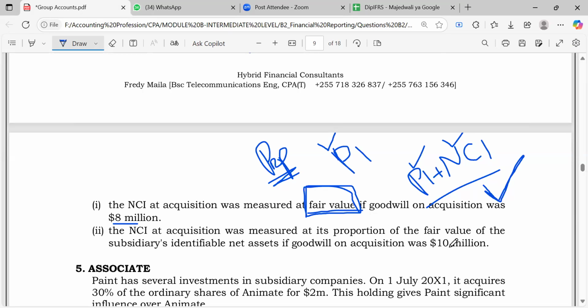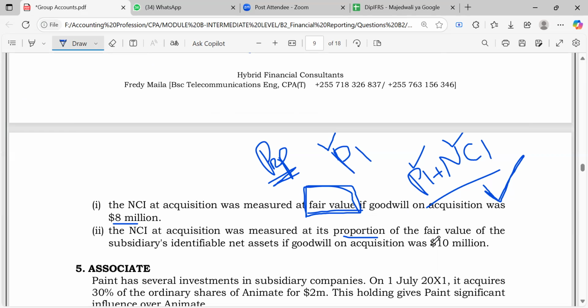This is what we shouldn't expect. If NCI was at proportion, we expect the goodwill to be less, because at fair value, the goodwill is related to both parent interest and non-controlling interest. So we expect it to be more, while for proportion we expect it to be less. But this was just a question, so it's no big deal.